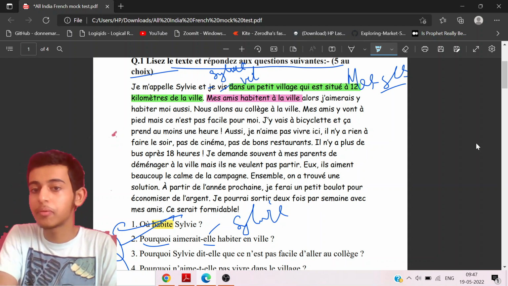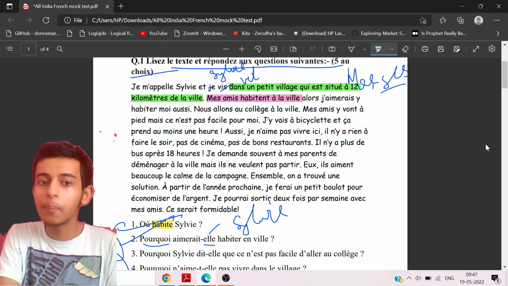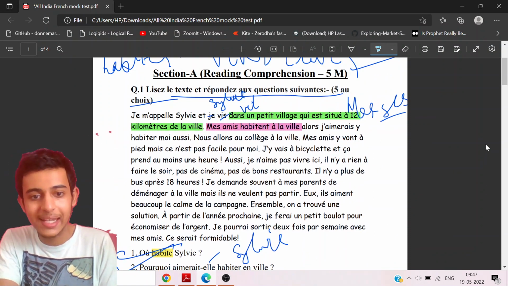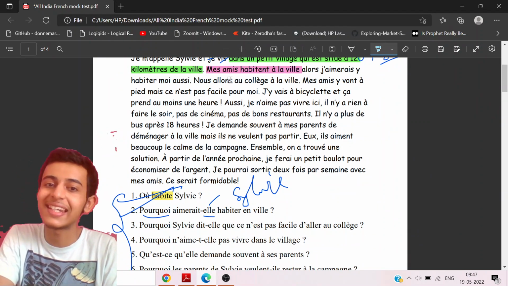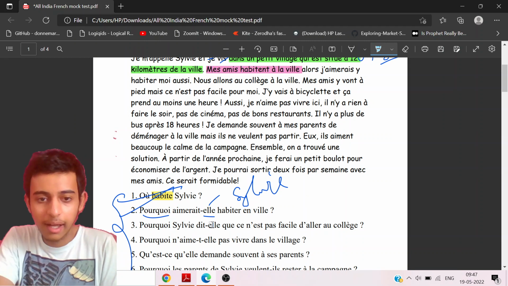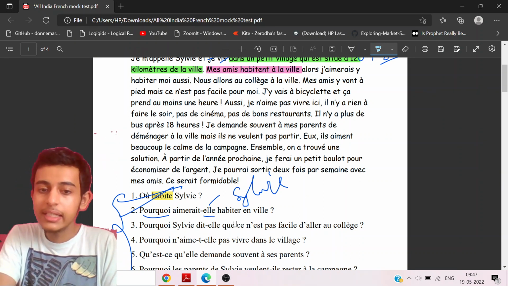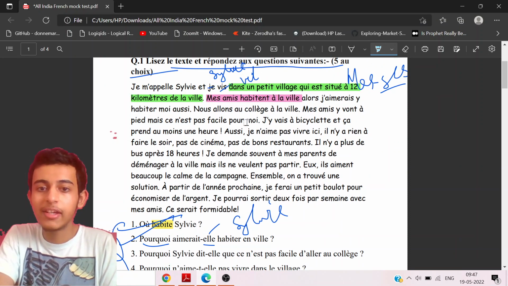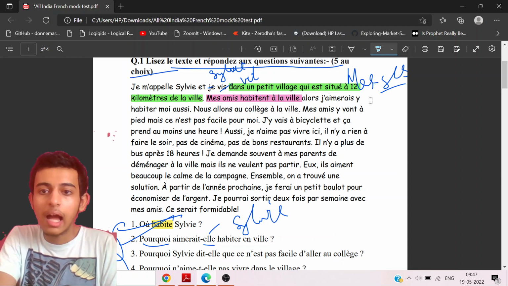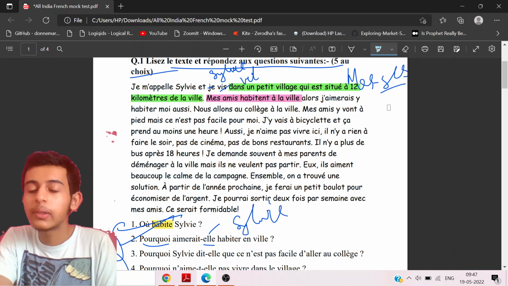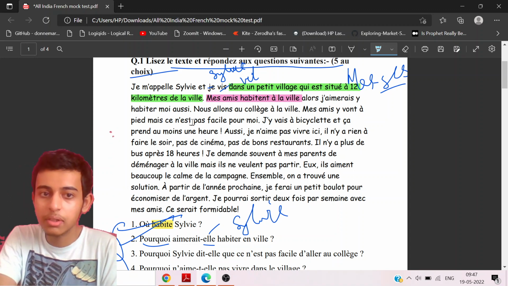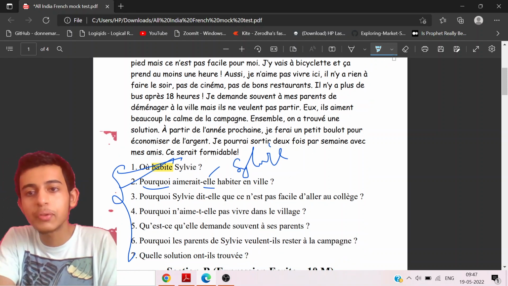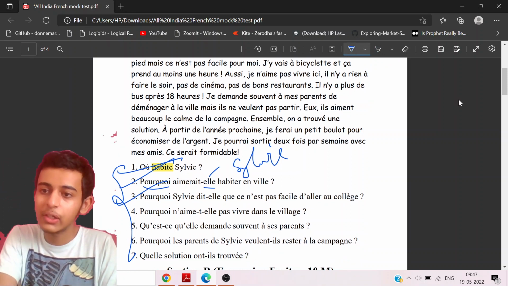Mais ce n'est pas facile pour moi, but it is not easy for Sylvie to go by foot or by walking. Now are you understanding how to find the answers in the text? It's easy, right? First reading the question, then finding the answer. So let's form the answer from the question itself. Sylvie dit que ce n'est pas facile d'aller au collège parce que ce n'est pas facile pour elle. You can say pour aller au collège à pied. Okay, so you can write down. Now you know sentence formation clearly. So you have to add à pied in your sentence.